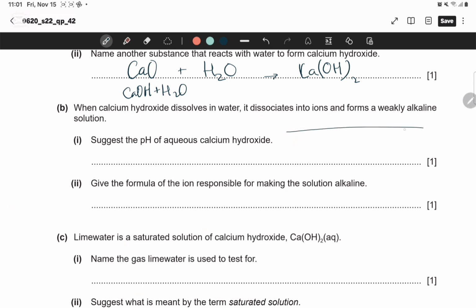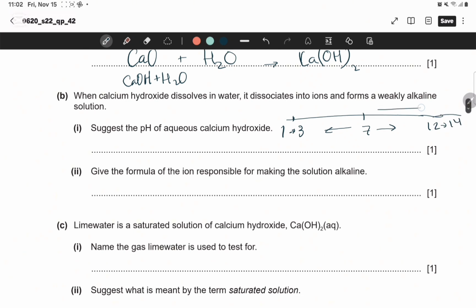So we know any number less than 7 is acidic, any number greater than 7 is basic, and a very low number, like around maybe 1 to 3, is strongly acidic, and any number between like 12 and 14 is strongly basic. Okay, so here it's base, and here acid, and here it's neutral.